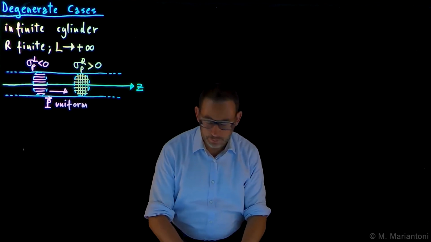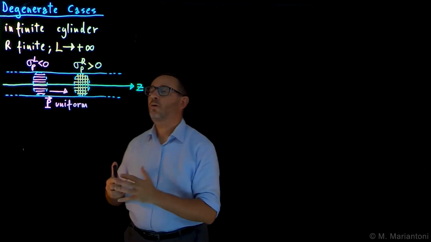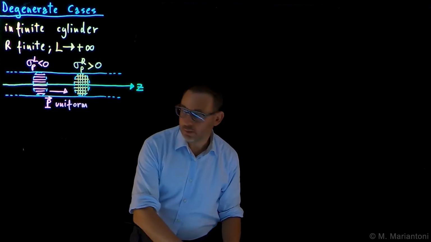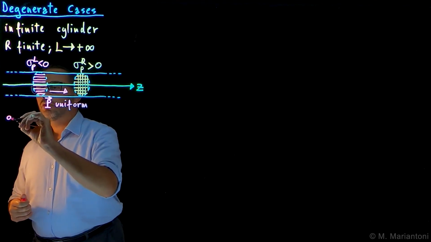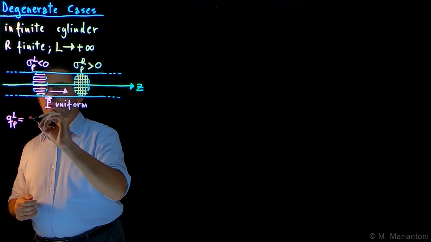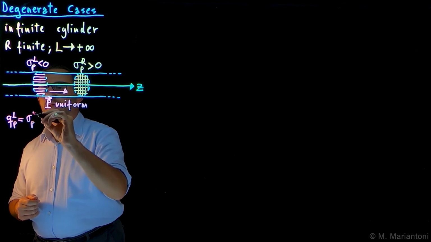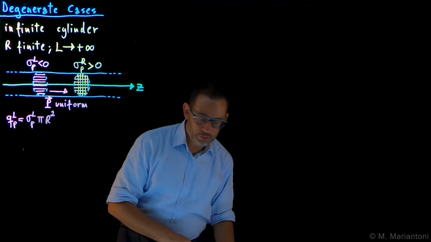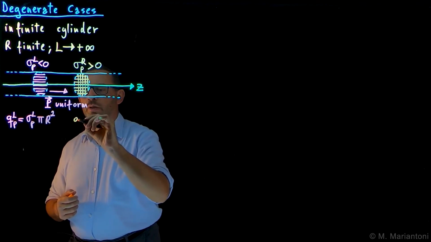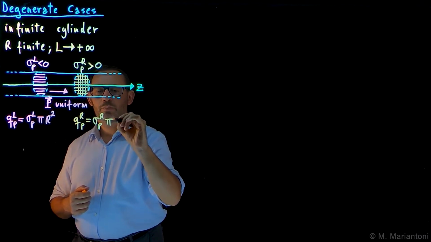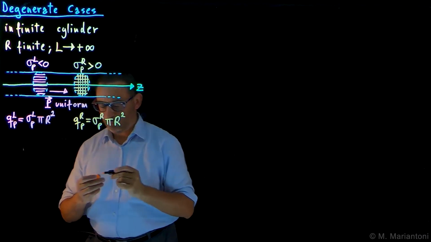Now, in the specific case we are considering, these two are pushed to infinity. The total negative charge, Q polarization on the left, is sigma p left times pi capital R square, whereas the positive charge on the right, QP right, is sigma p right times pi capital R square.